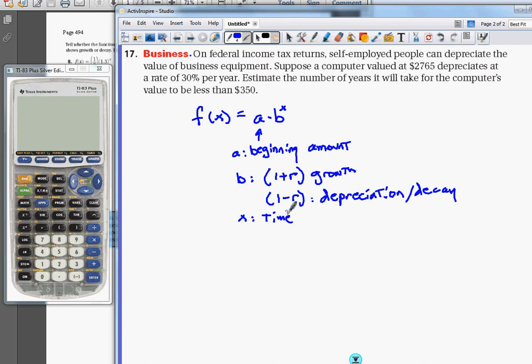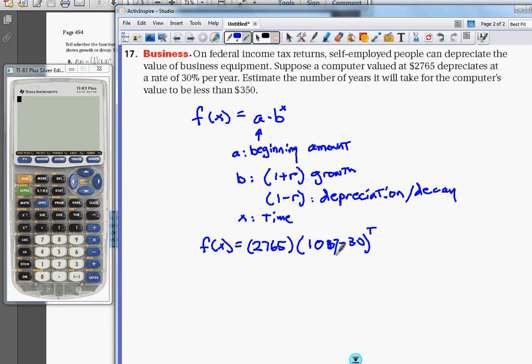So if we're looking at this particular case, our beginning value when they first buy it is $2,765. Now we are depreciating at a rate of 30% per year. So we're going to go 100% minus 30% to the t.